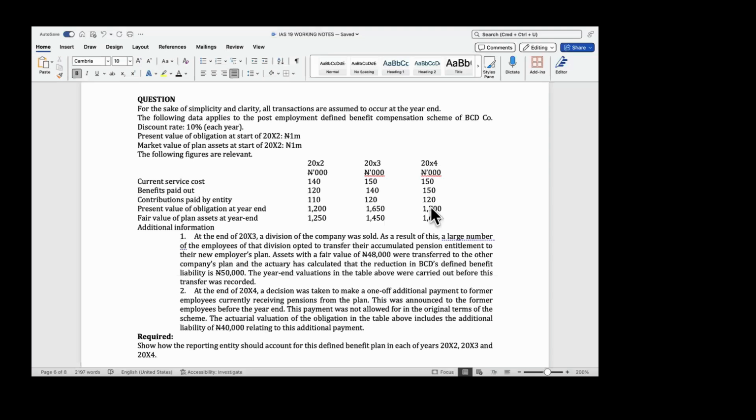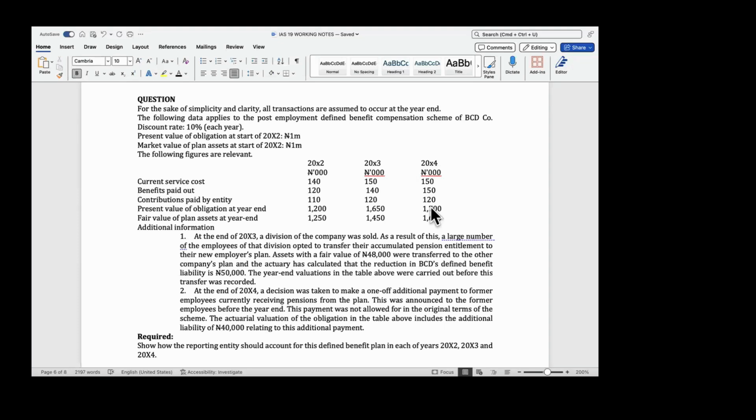Additional information. Number 1, at the end of 20X3, a division of the company was sold. As a result of this, a large number of the employees of that division opted to transfer their accumulated pension entitlements to their new employer's plan.